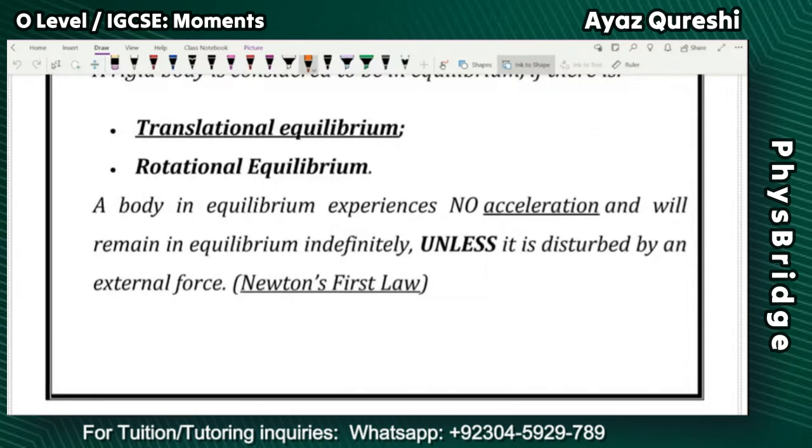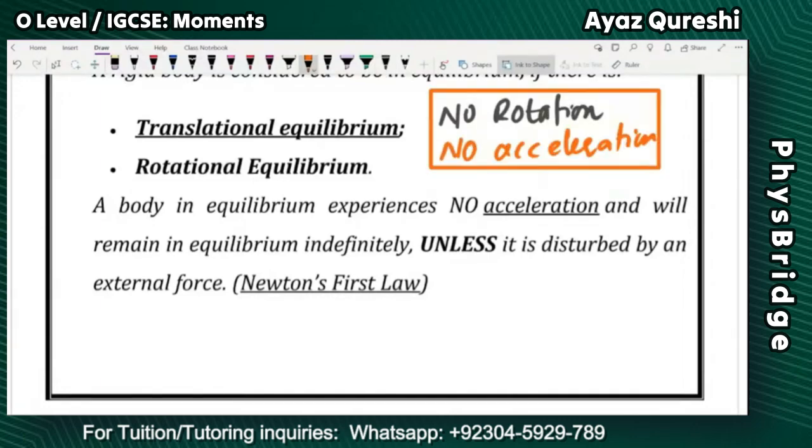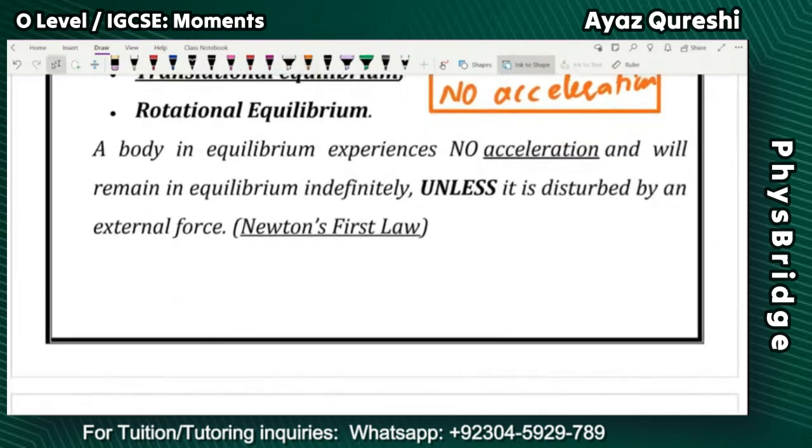If a body has no rotation and no acceleration, then it is in equilibrium. These are actually different conditions of equilibrium. Here I'm going to tell you about rotation.